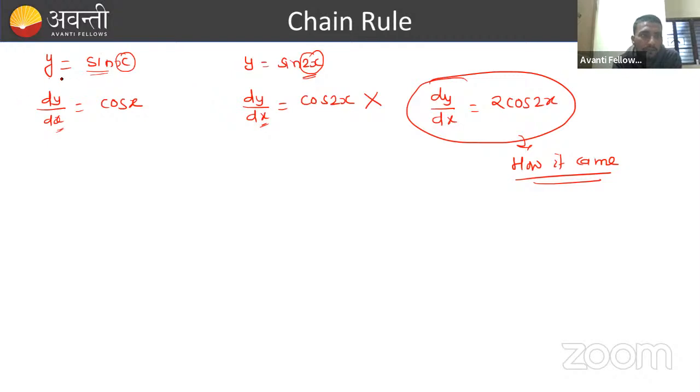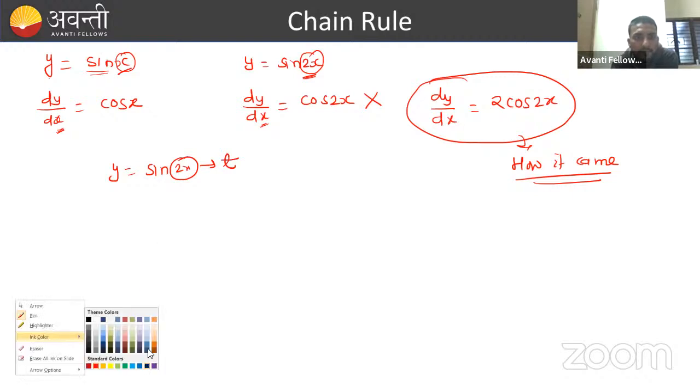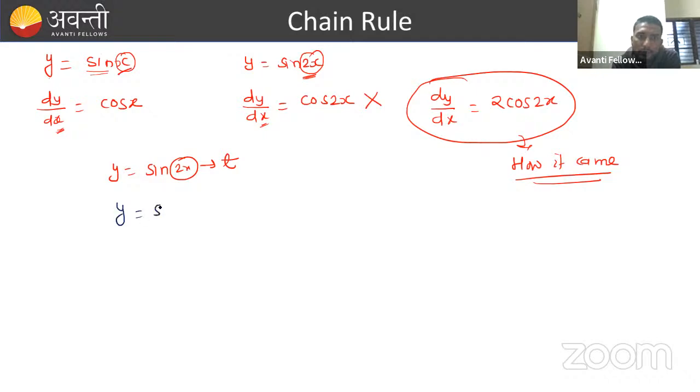Whenever we are differentiating, the function should always be the same. If it is x, then x. But here it is 2x. So what we need to do is consider it as t. If we consider it as t, y equals sine t. But we have to find dy by dx.